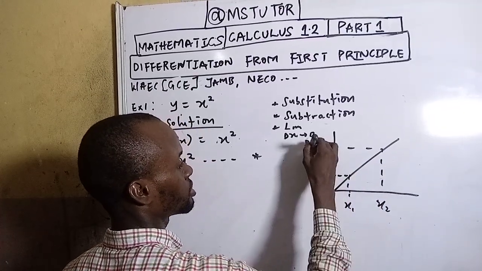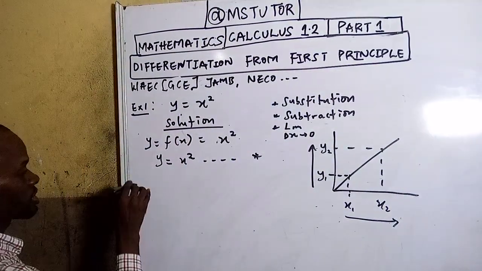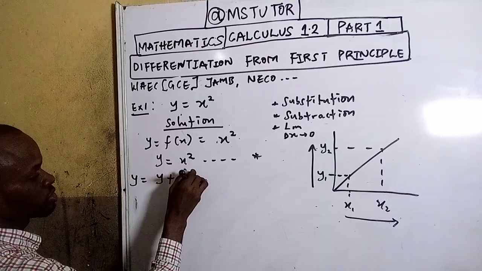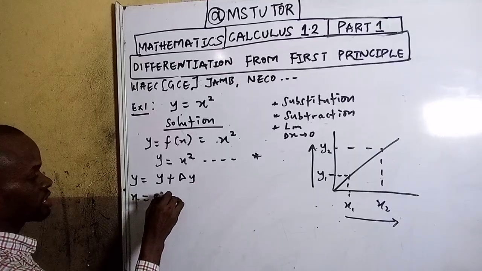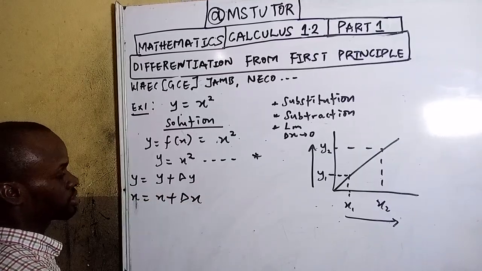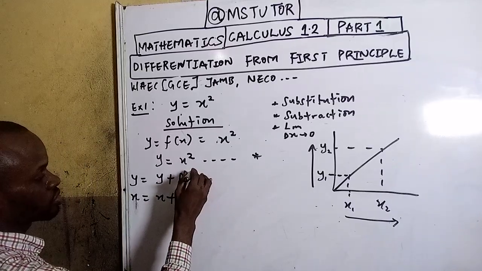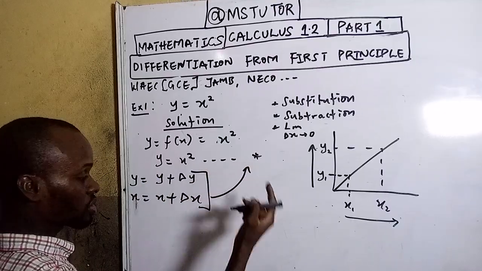As y increases, x also increases. So what we're doing now is that anywhere we see y, we're going to substitute y plus dy. Also, anywhere we see x, we're going to substitute x plus dx. So let's do that in this equation. In star 1, we're going to substitute these 2.